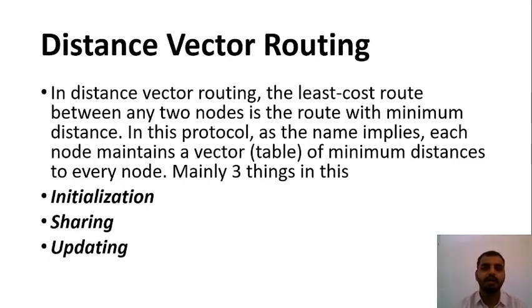Now, coming directly to what distance vector routing is, in distance vector routing, the least cost route between any two nodes is the route with minimum distance. Like we have seen in the shortest path, wherein the router will take the shortest path between the two routers, in the same way distance vector routing does the same thing but in a different way.